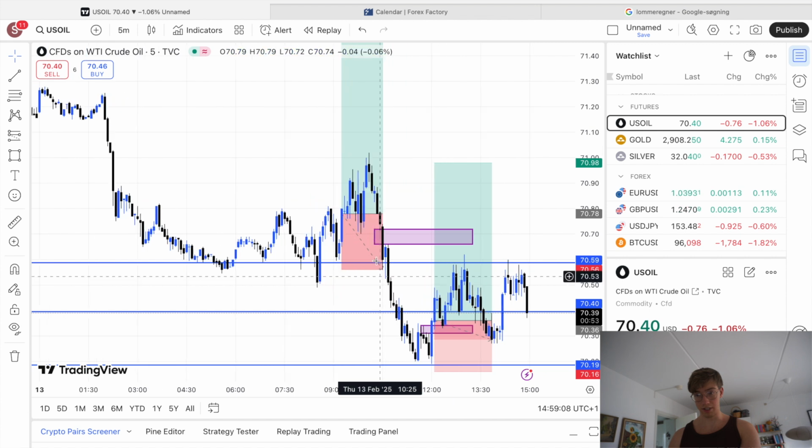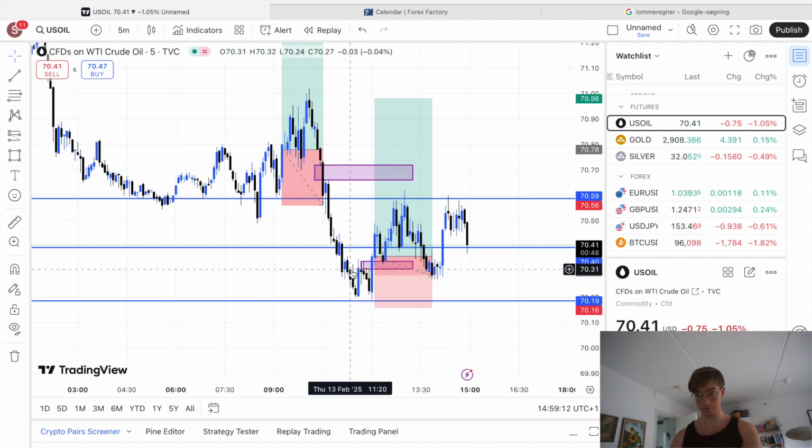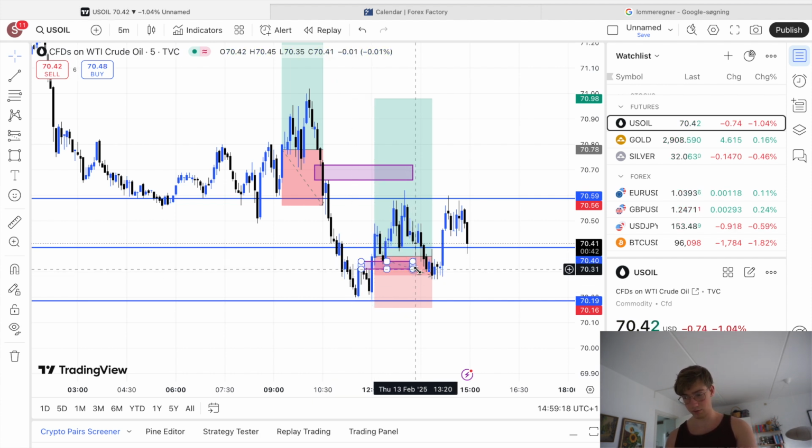Obviously we got stopped out right here. So I just took another trade. And I think, what did I do? I think this trade got cancelled because it's a game.